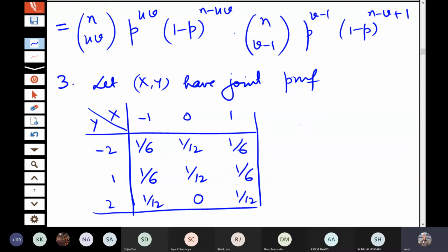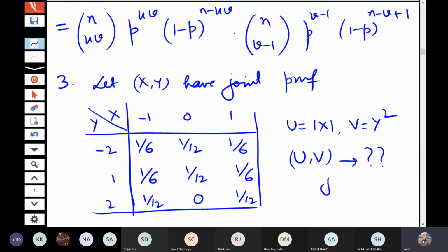And I am defining U equal to mod X and V equal to Y square. I want the joint distribution of UV.